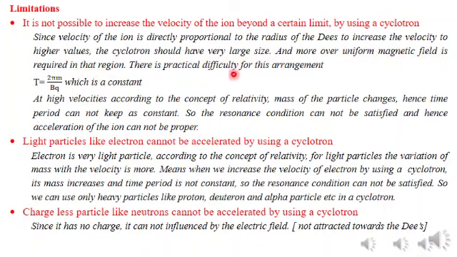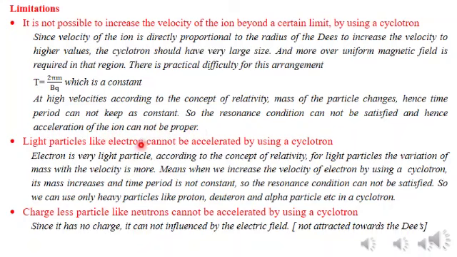This is practically difficult. Second one, we know time period T equals 2 pi m divided by bq. Since these all are constant, time period is constant. But at higher velocities, according to the concept of relativity, mass of the particle changes. Hence, time period cannot be constant. So, resonance condition cannot be satisfied and hence acceleration of the ion cannot be proper.